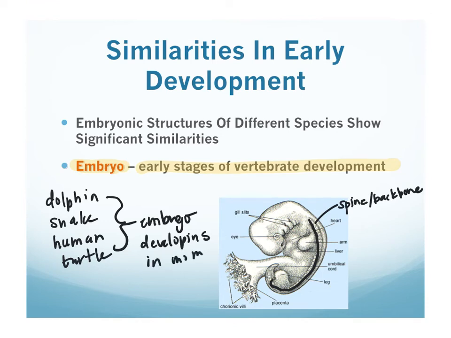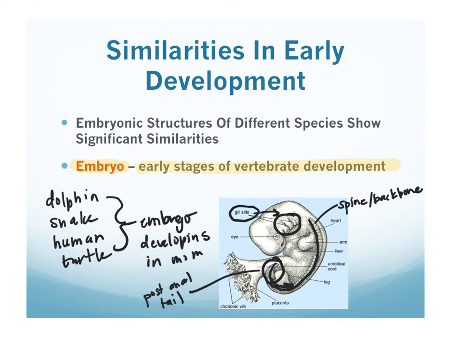And the biggest thing that makes us the same early in development is that no matter whether you're a dolphin, snake, human, or turtle, we have these gill slits right here, those gill-looking things. And then we have what's called a post-anal tail right there. If you're a human, though, that tail will curl back up into the body by the time you're born.